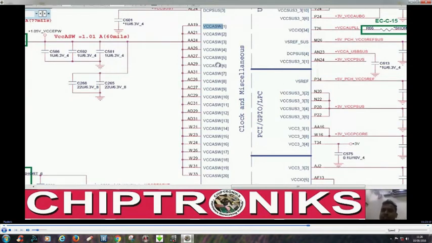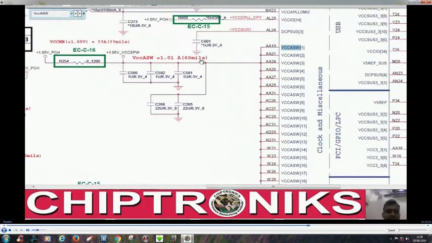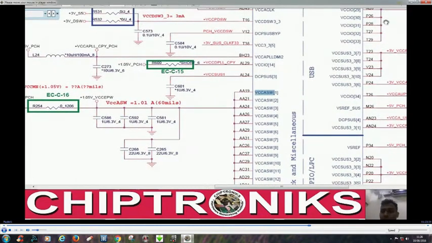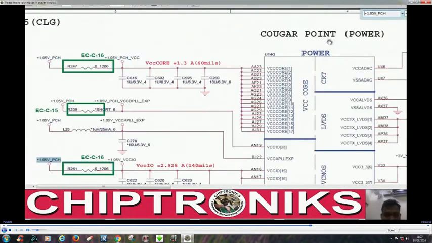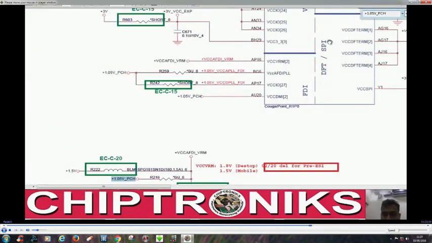The power to the AMI inside the PCH is fed by 1.05 volt underscore PCH, and this voltage has already been generated. Let's see from which voltage regulator it is coming.